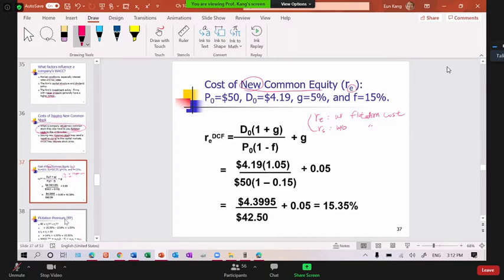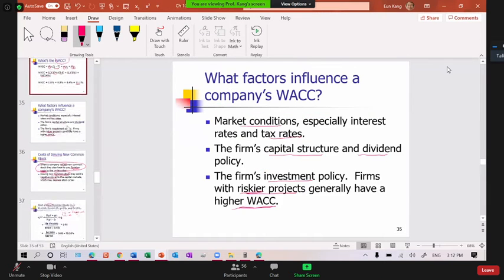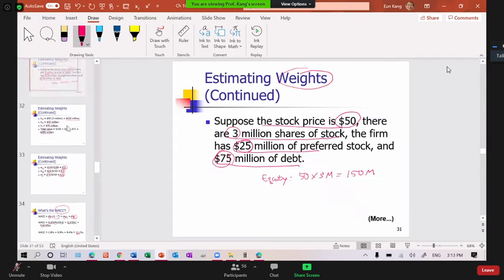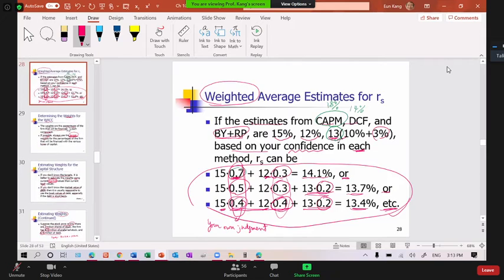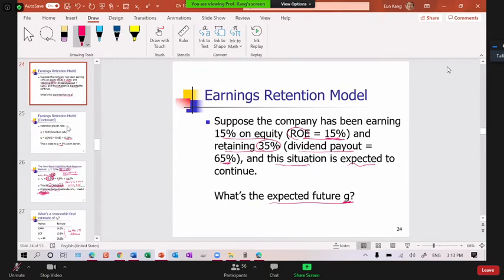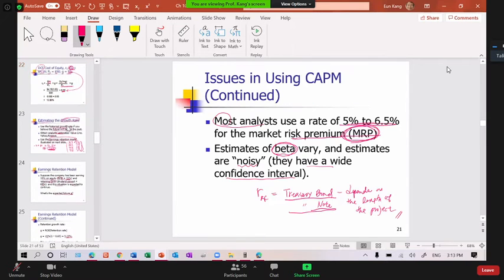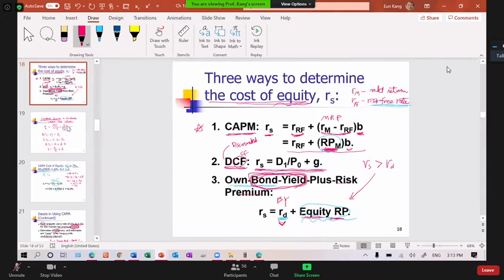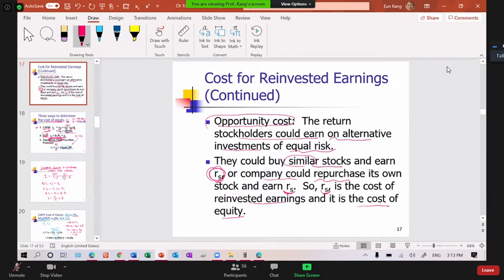Look at this RS. RS is the cost of retained earnings. All those RS, we use RS, that is cost of equity, but specifically the cost for retained earnings, reinvested earnings.